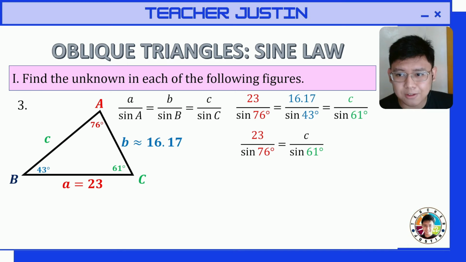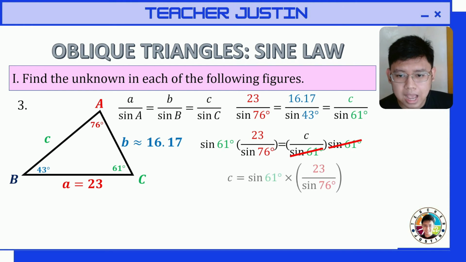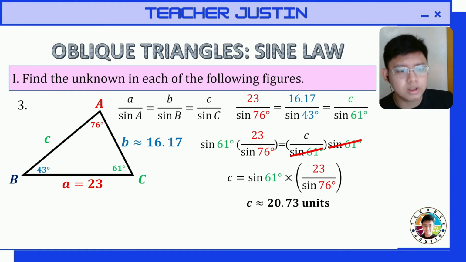Now, let's isolate the variable c by multiplying both sides by sine 61 degrees. So, cancel na yung denominator natin. We will have c is equal to sine 61 degrees times 23 over sine 76 degrees. Let's use our scientific calculator to get the approximate value of c, which is equal to 20.73 units. And that's it. That will be the value of our missing sides.